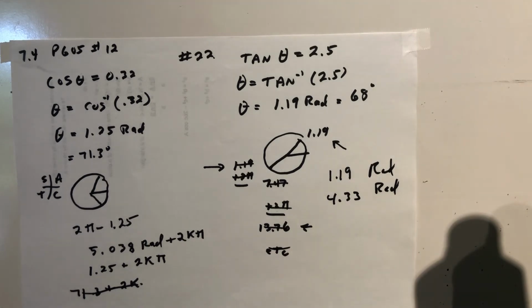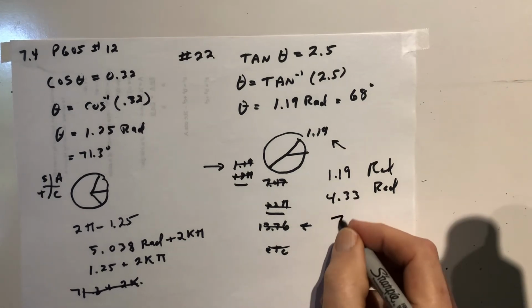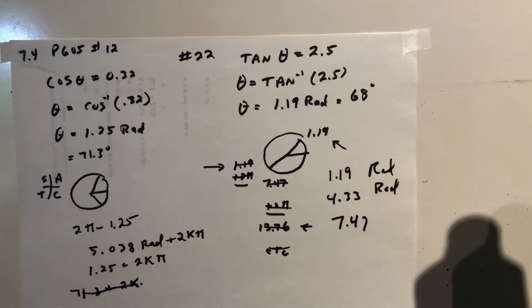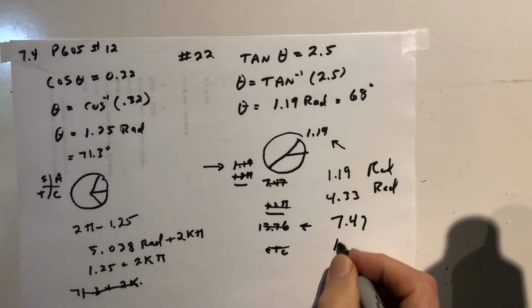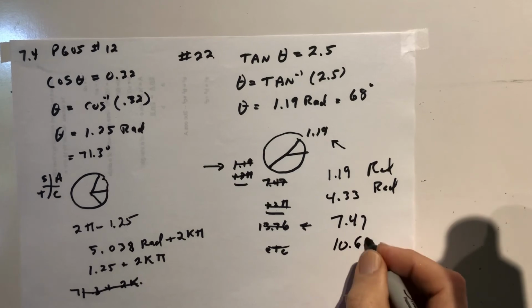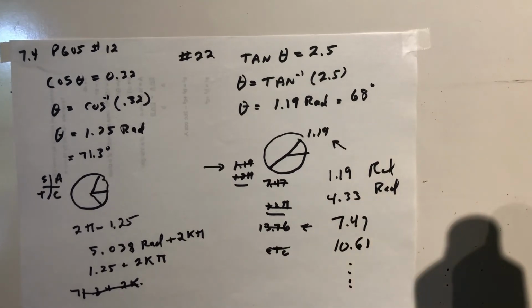So like 4.33 plus pi, 7.47, plus another pi, 10.61. You could just keep adding pi until you got 6 different answers. And you could have added it to either one.